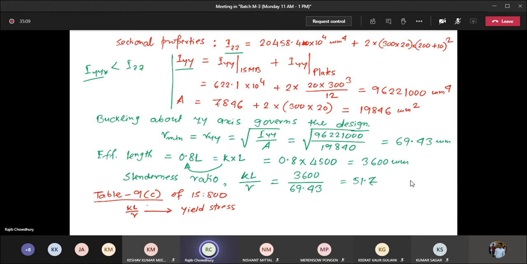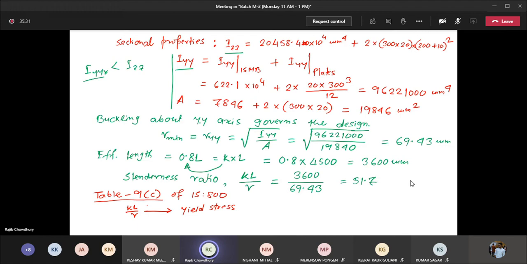And this KL by R in the table starts from 10 and ends at 250. So it has 10, 20, 30, 40 KL/R ratios. So you have to do a linear interpolation between the two members, for 51.7. I have to find it out, right?